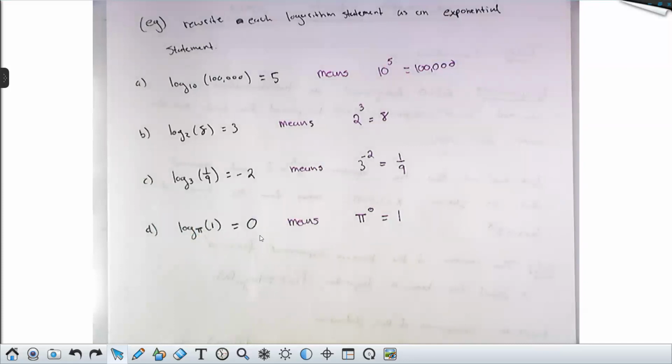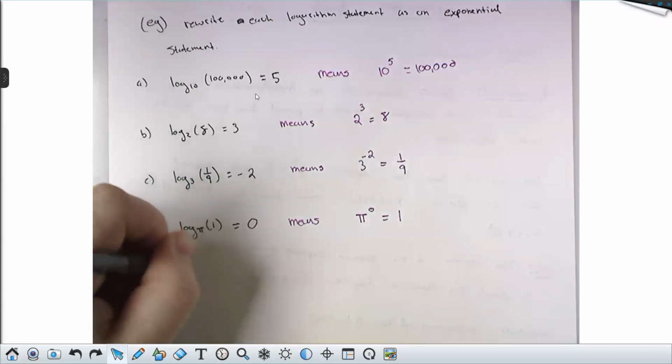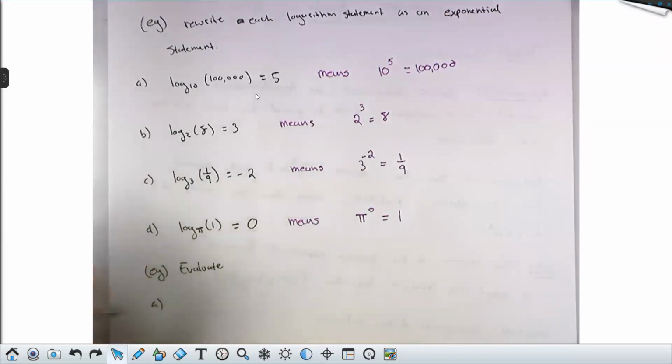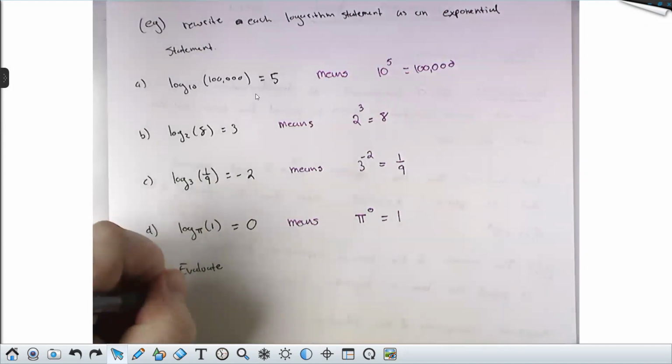Let's evaluate some logarithms now. Now that we know how to reinterpret them as statements about exponentials, you're going to do this part in your head, and you're going to come up with this number for me. So first, let's evaluate the base 10 log of 1,000.